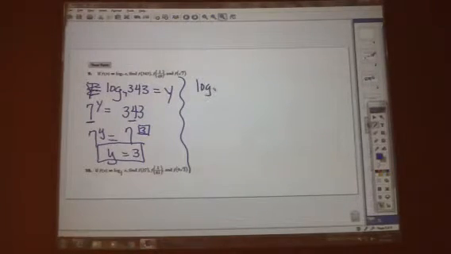Log base 7 of 1/49 equals y. That's in logarithm. How did you change it to exponential? 7 to the y equals 1/49.